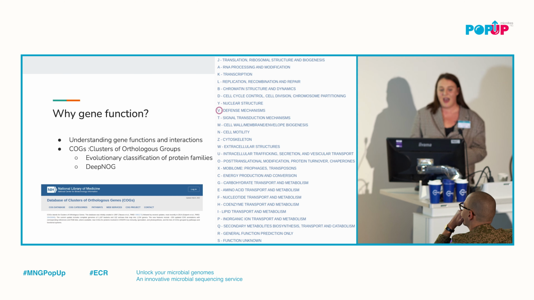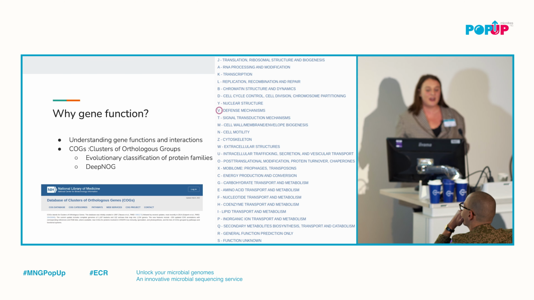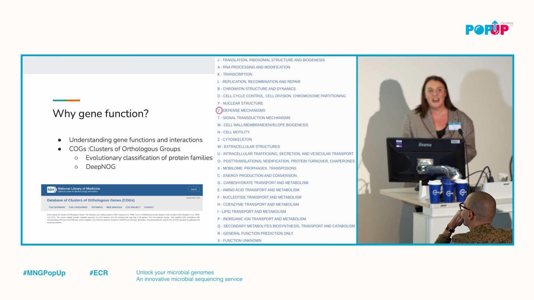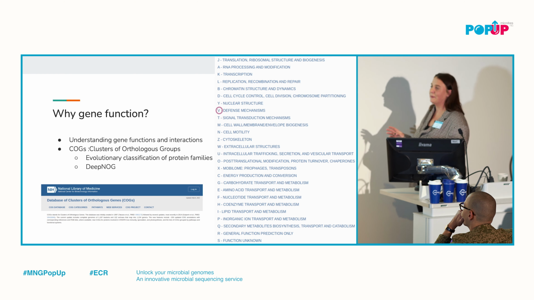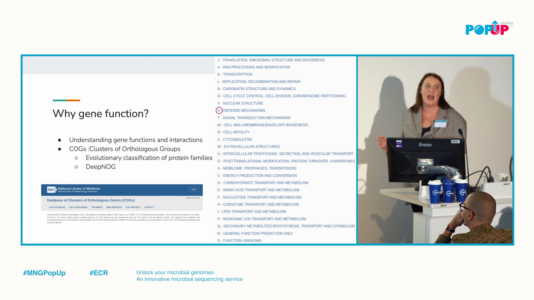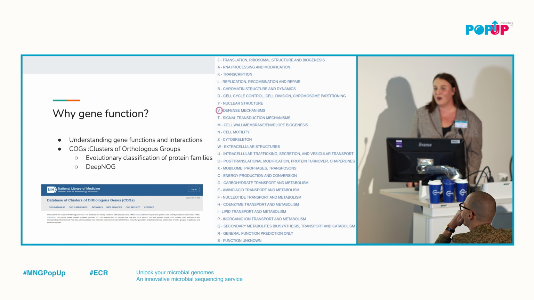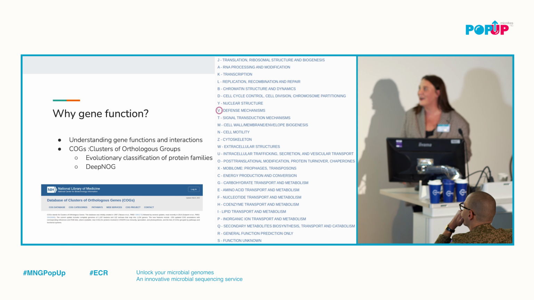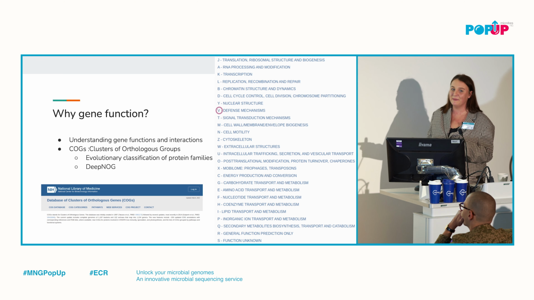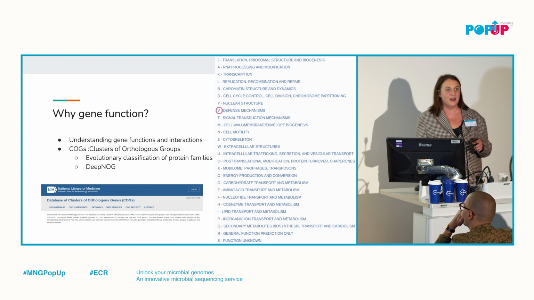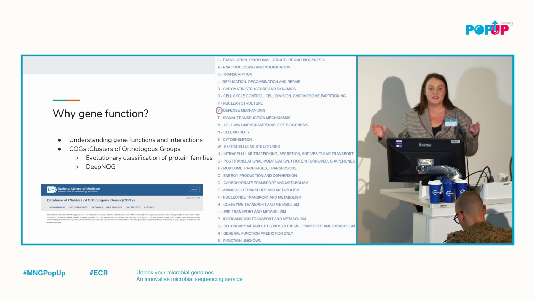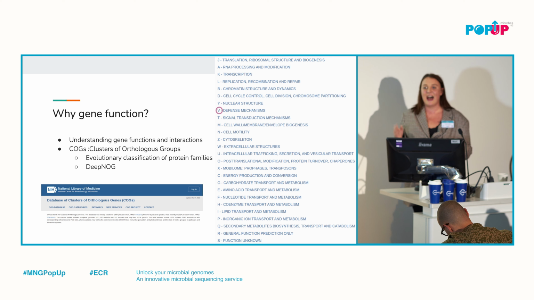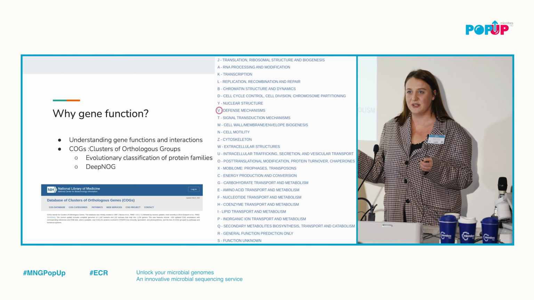They originally started off as an evolutionary classification of protein families, but they've widely been used now in this sort of functional genomics story. And I forgot this on the pipeline, which is where that came from. I used this cool program called DeepNOG, which is a version of a program called eggNOG, which I'm not sure if you've heard about. You feed a load of proteins into it and it'll assign those IDs for you.